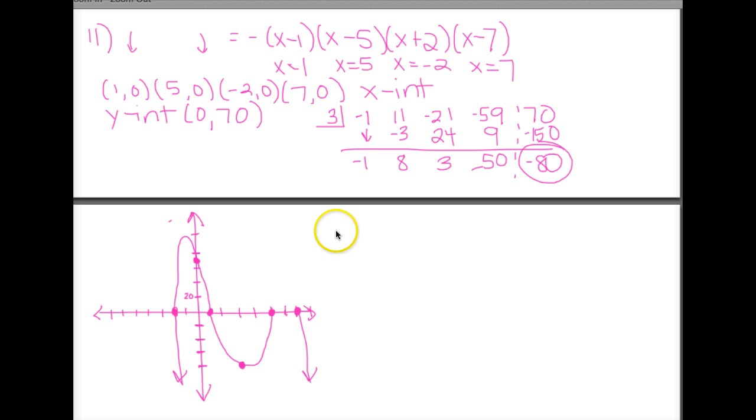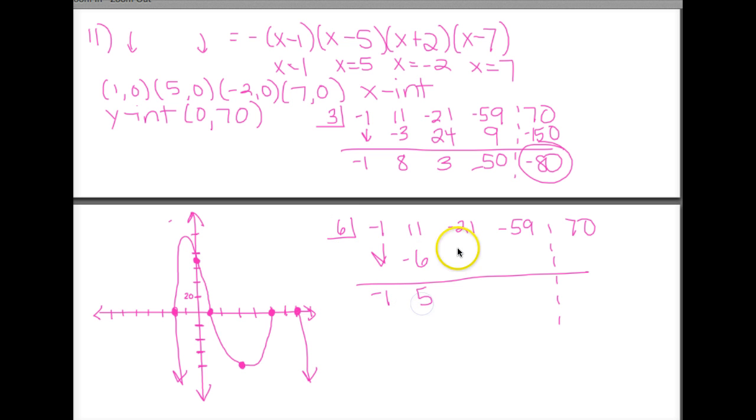So again, you can either plug it in or use synthetic division. So -1, multiply, add, multiply, add, multiply, add, multiply, and add.